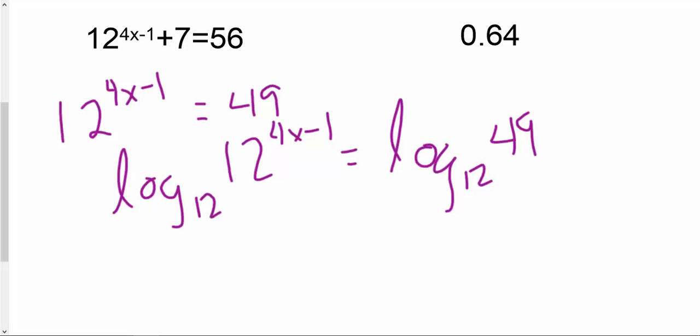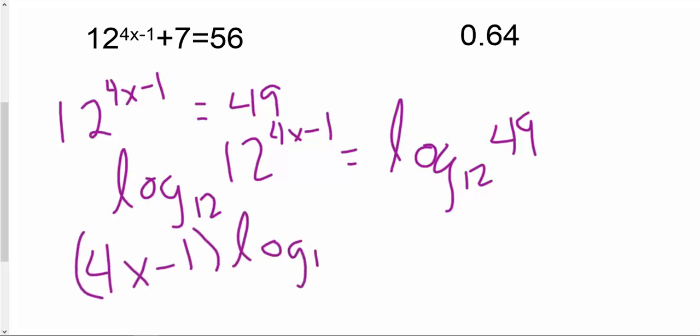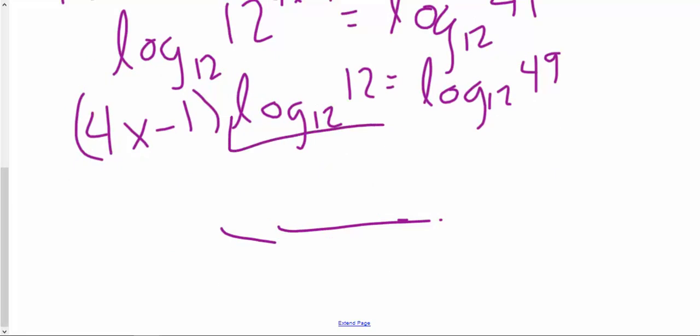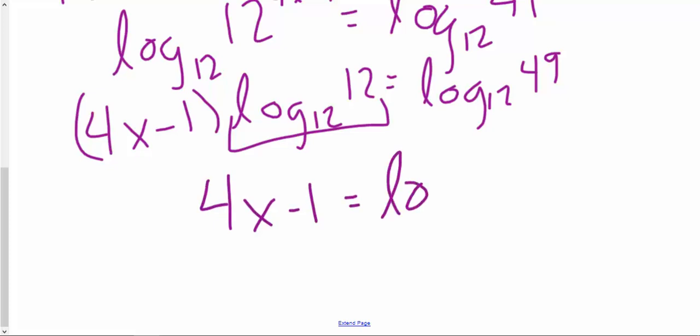And then we're going to bring our exponent out front. 4x minus 1 times log base 12 of 12 equals log base 12 of 49. Now this will simplify to 1. And we get 4x minus 1 equals log base 12 of 49.